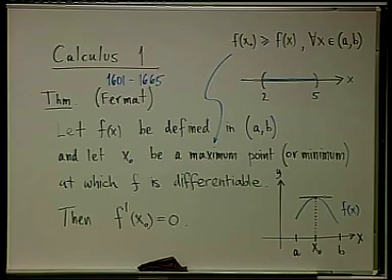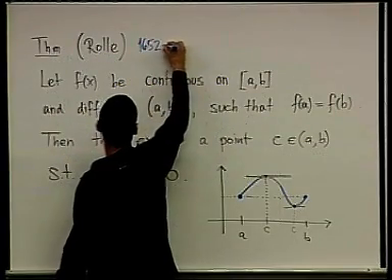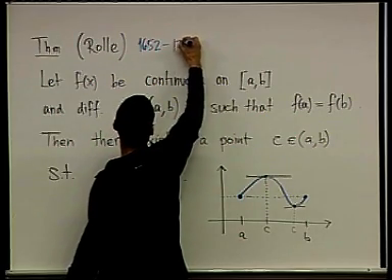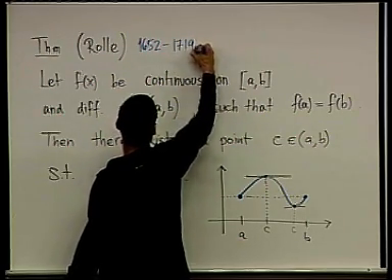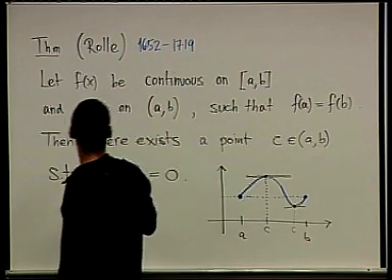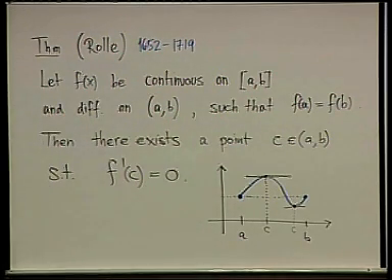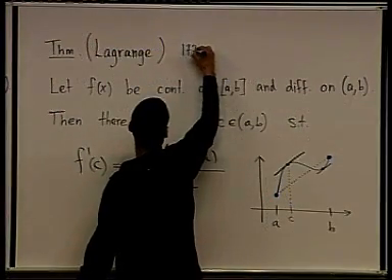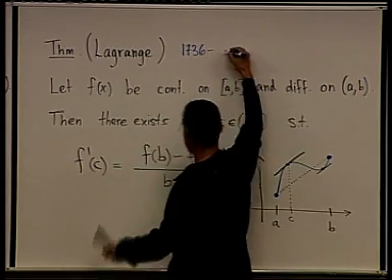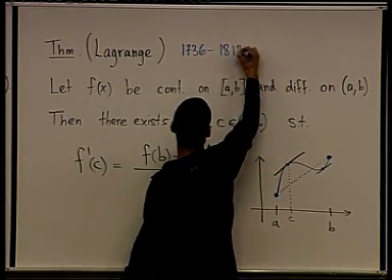Rolle was born 1652 and died 1719. Lagrange was born 1736 and died 1813.